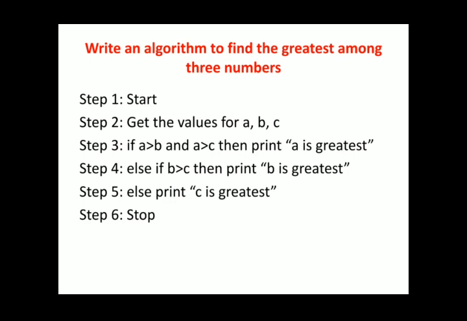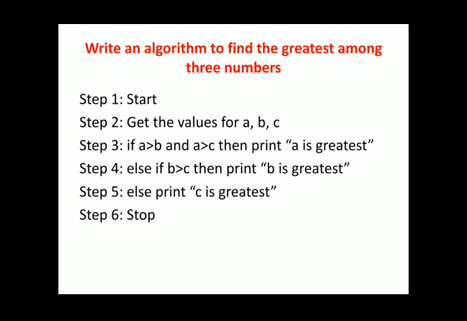Otherwise, A will be the smallest number among B and C. To check whether the second number is the greatest, the logic is used in step 4, that is B is greater than C. If the condition is true, then definitely B will be the greatest number. Suppose the above 2 conditions are false, then definitely C will be the greatest number. In order to terminate the algorithm, the word stop is used.